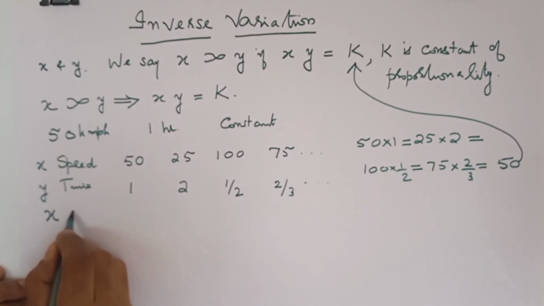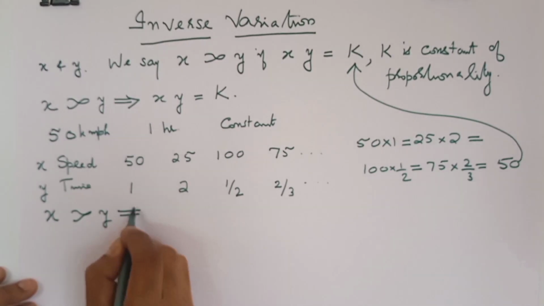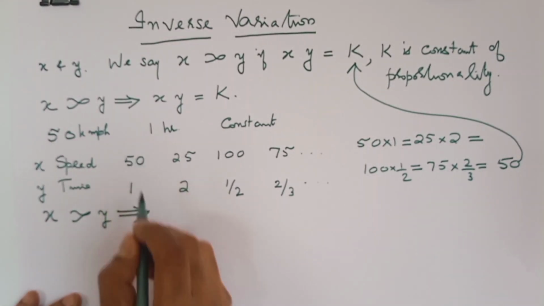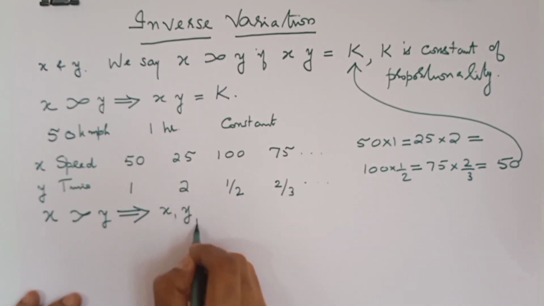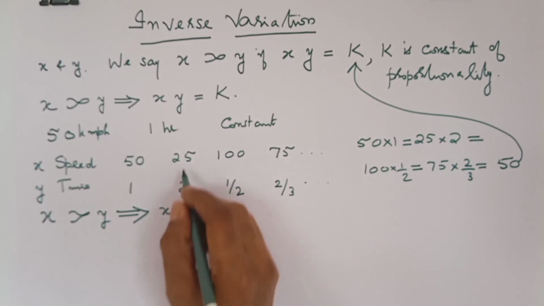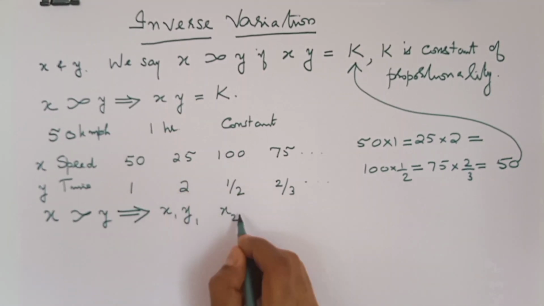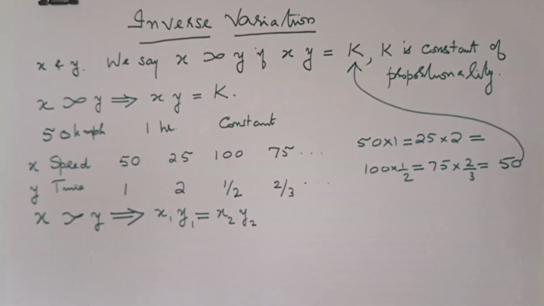And we say x is inversely proportional to y. You can interpret this in another way. Supposing this is x1 and this is y1, and if you take the product, this is what you get. You can name this x2 and this one y2. You get the same product on multiplication. Rather, these two are equal.